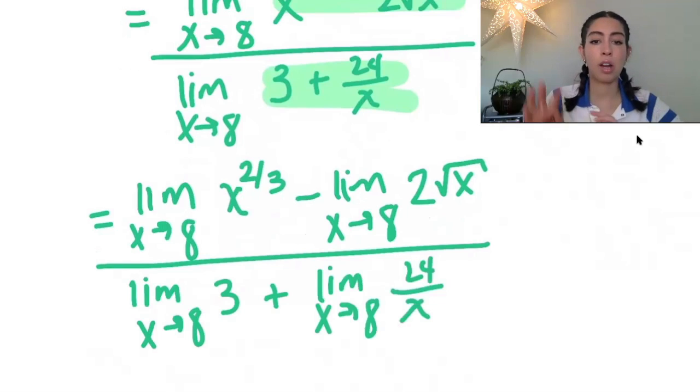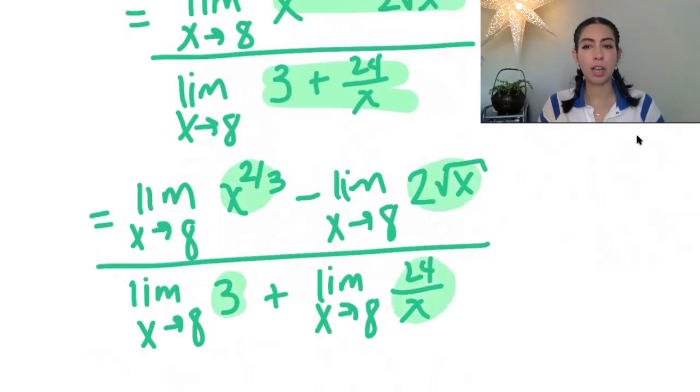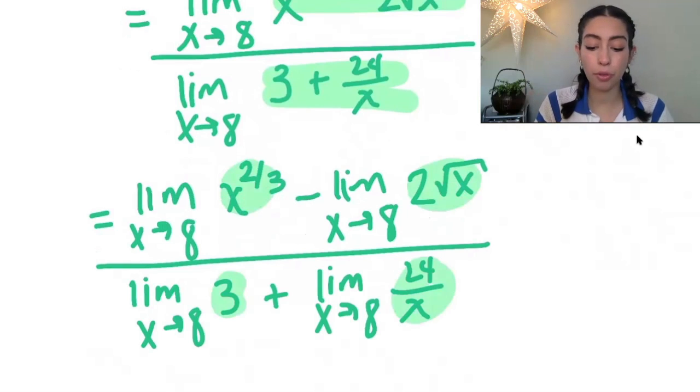And so from here, we've got a lot of limits going on, but we can see that the functions within the limits are getting a lot smaller and easier to find. We can go ahead and break it down even further.